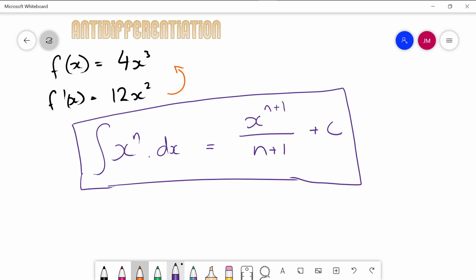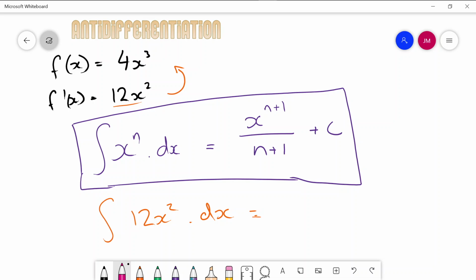So let's use this notation doing that first example. If I wanted to find the integral of 12x squared with respect to x, so that's my answer from here, in this case, looking at that formula, I can see that I have 12 at the front here. I've got x and the power is 2.